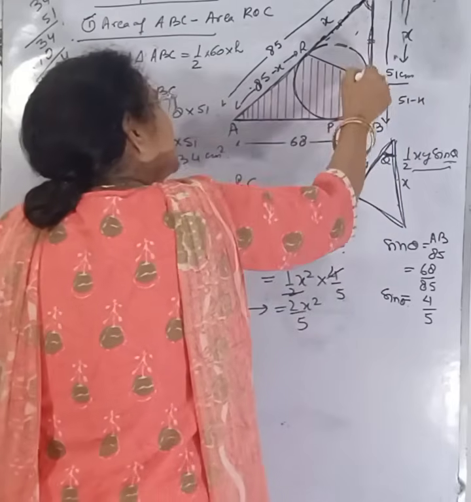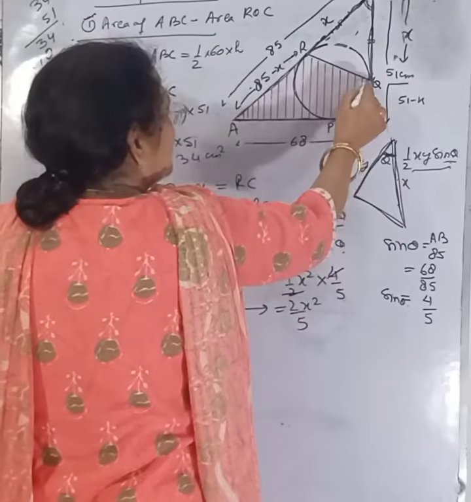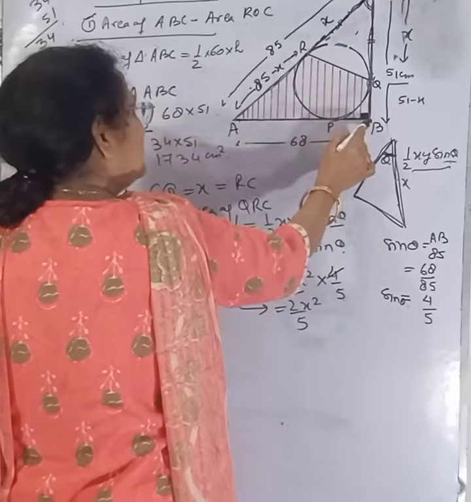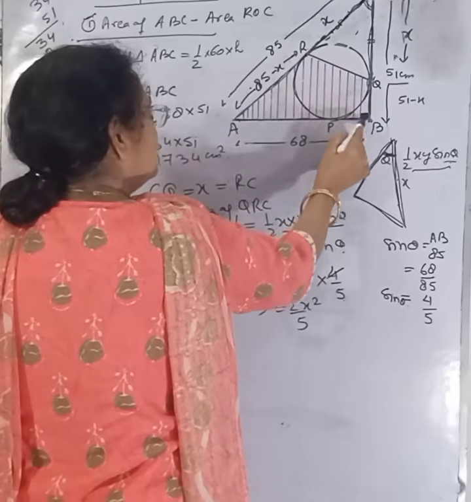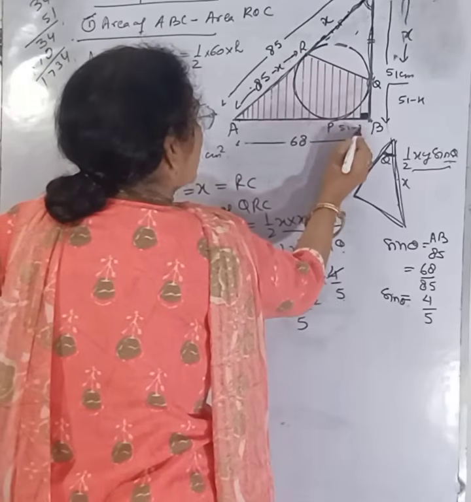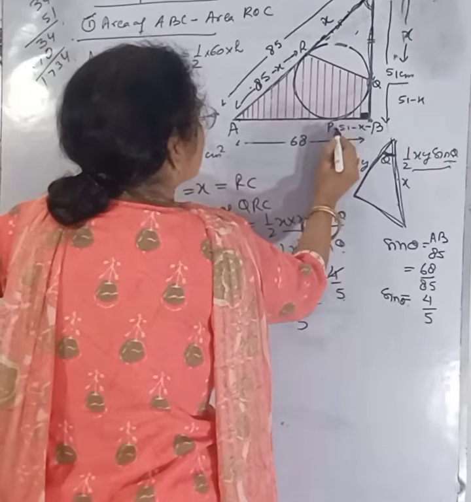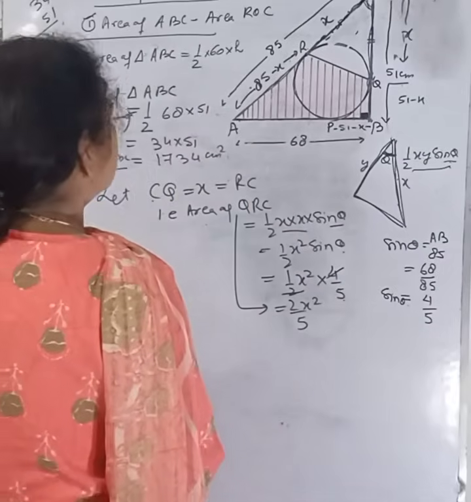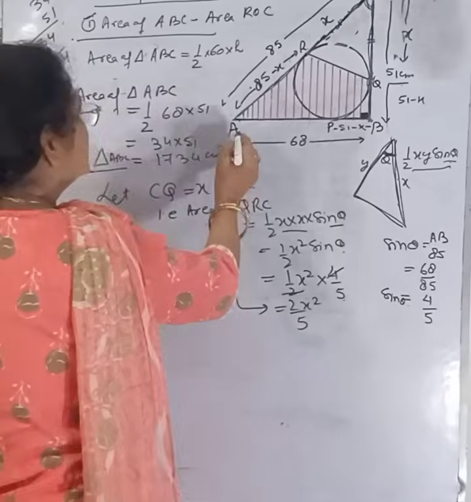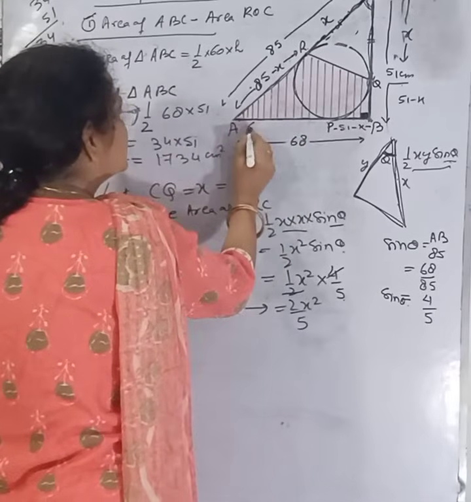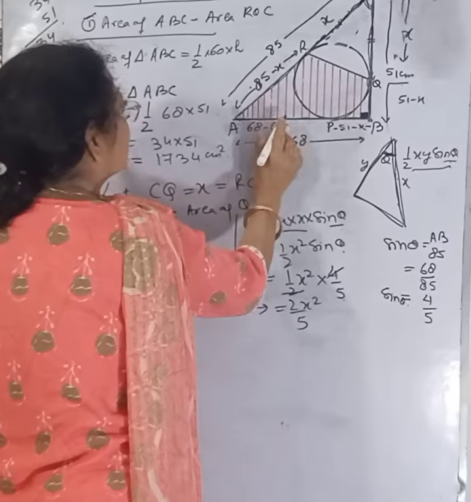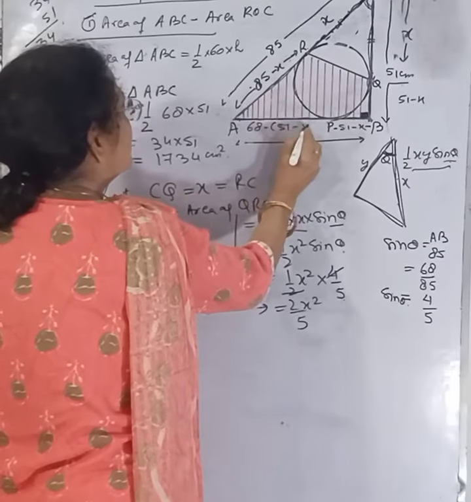QB is the tangent from B on the circle. QB, the tangent from outside point B, is equal to BP. This will also be 51 minus x. Clear? And hence, this portion will be equal to 68 minus (51 minus x).